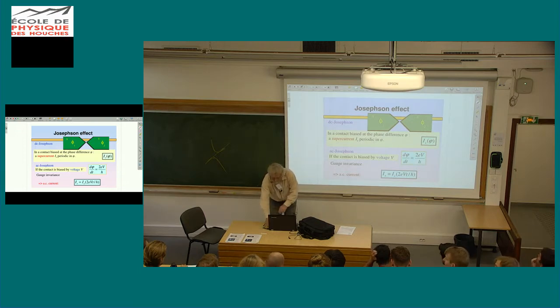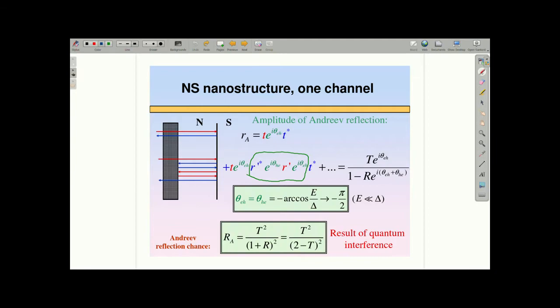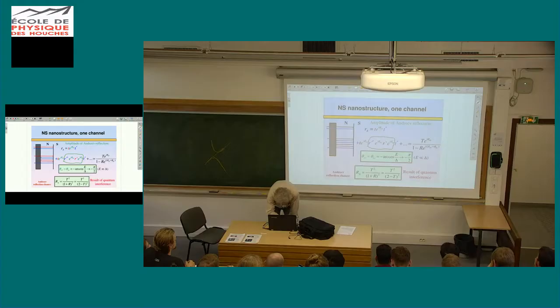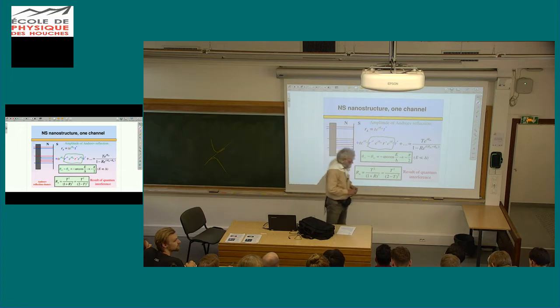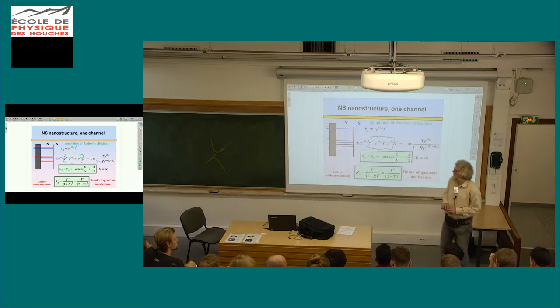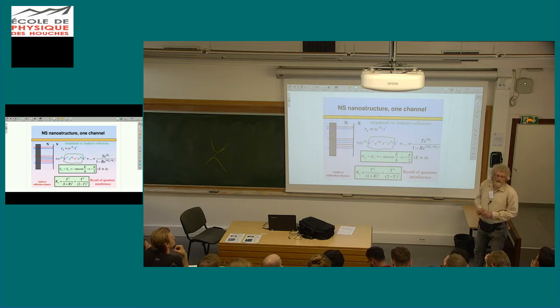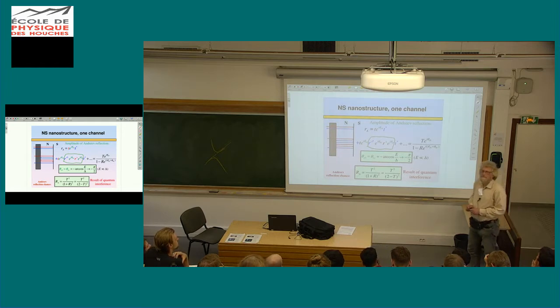So in the previous slide, about the... You mean this slide? Okay. So here you consider that the two interfaces are NS interfaces. I see only one interface here, right?